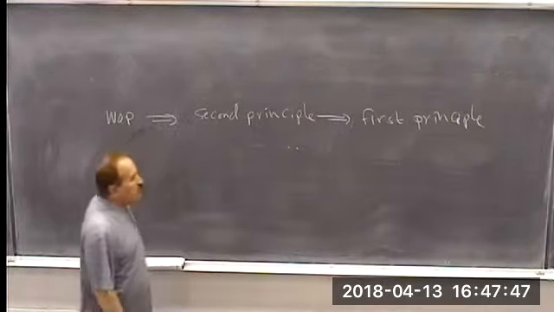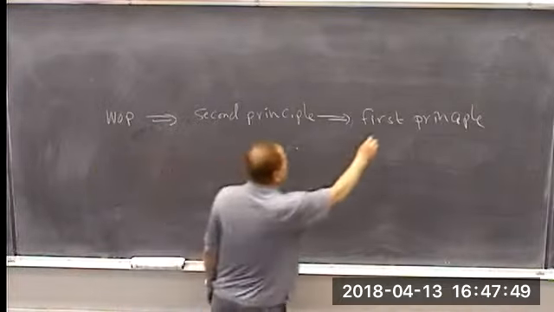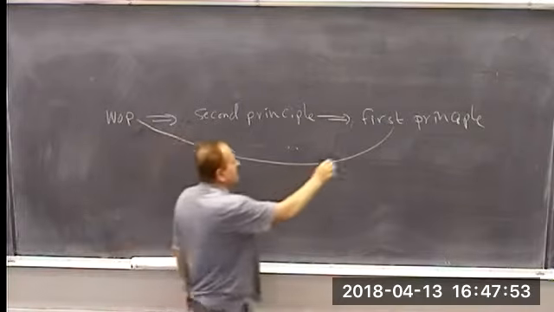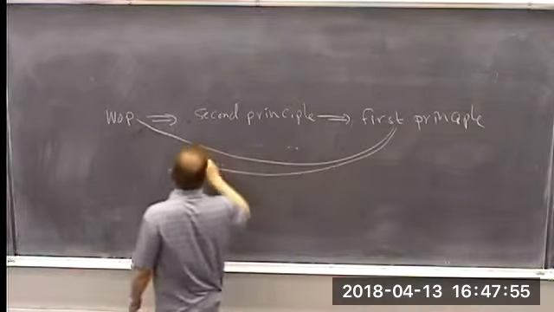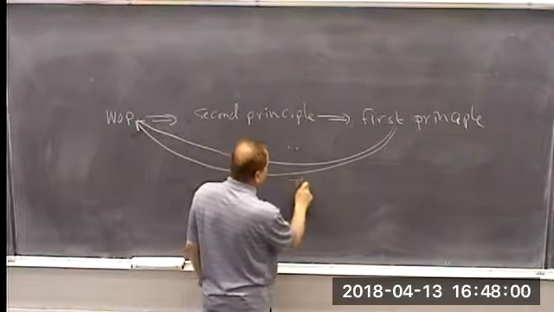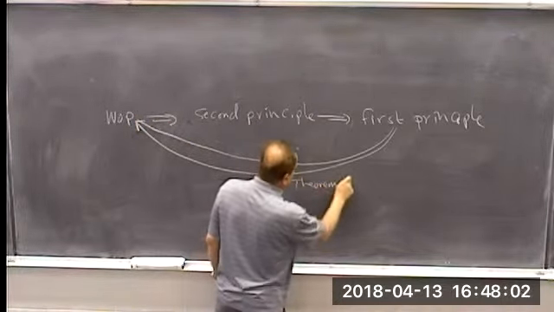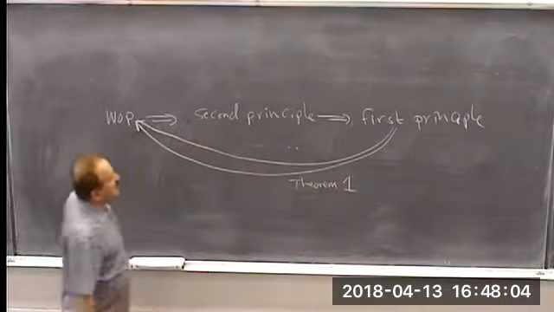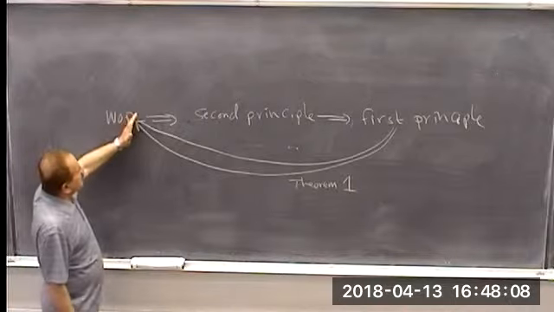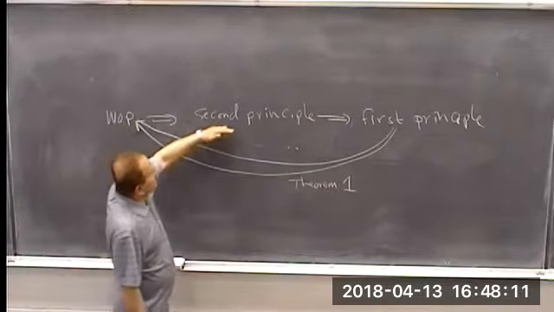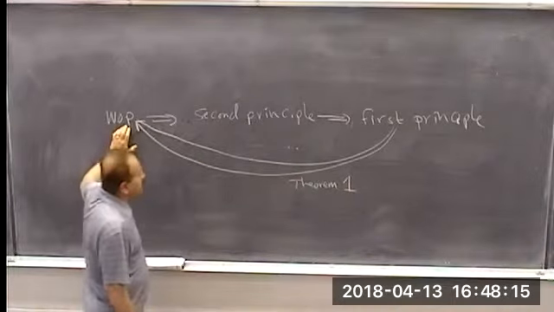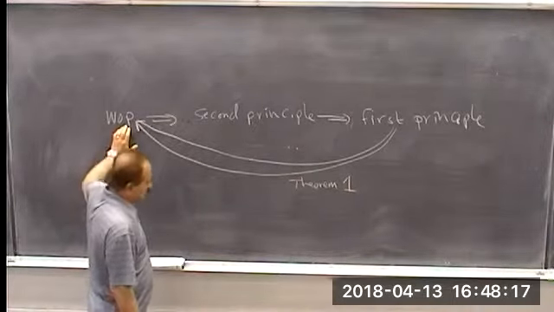Also, we have shown Theorem 1, this implication, that the first principle implies the well ordering principle. So this is Theorem 1. Now we have a complete cycle, which means that the second principle, going through the first principle, implies the well ordering principle.